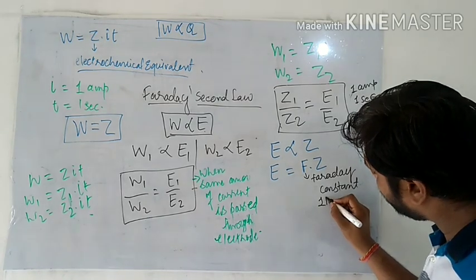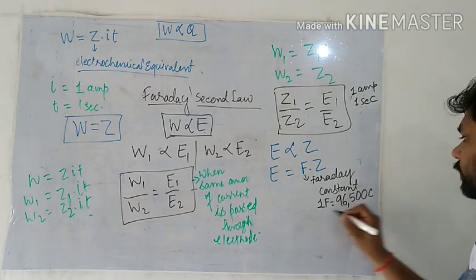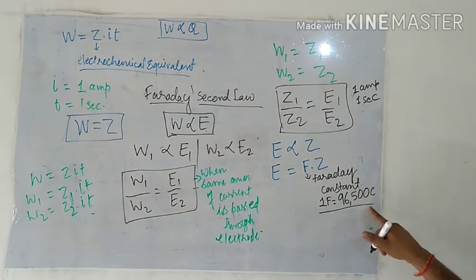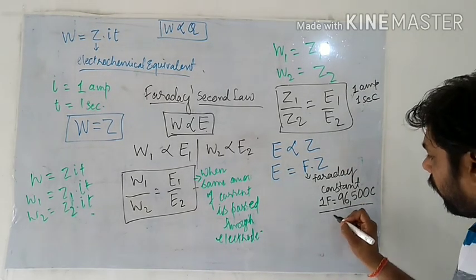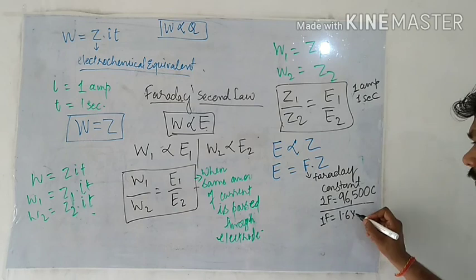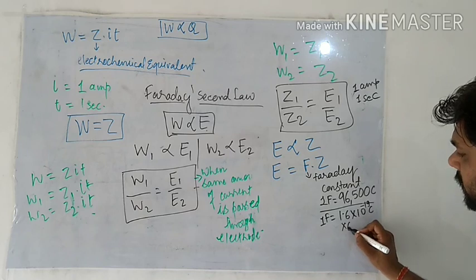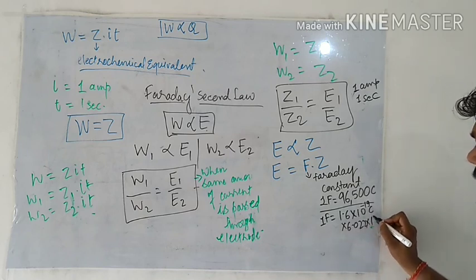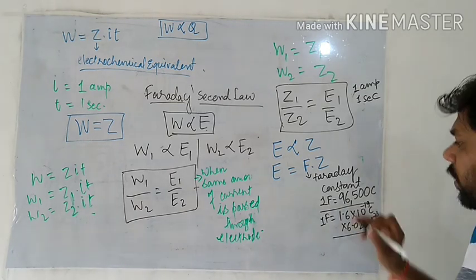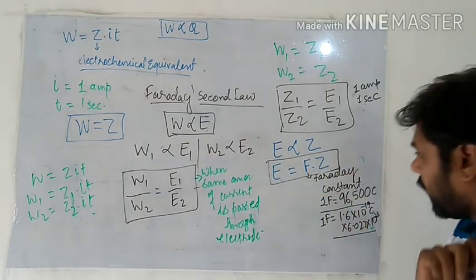And 1 Faraday is equal to 96,500 coulomb. 1 Faraday is the charge of 1 mole of electron, and that is equal to 96,500 coulomb, and we can also write 1 Faraday is equal to 1.6, that is the charge of one electron, 10 raised to the power minus 19 coulomb multiplied by 6.022 into 10 raised to the power 23. Okay, so this is the charge of one mole electron, equal to 1 Faraday. We got another relation over there, that E is equal to F into Z.